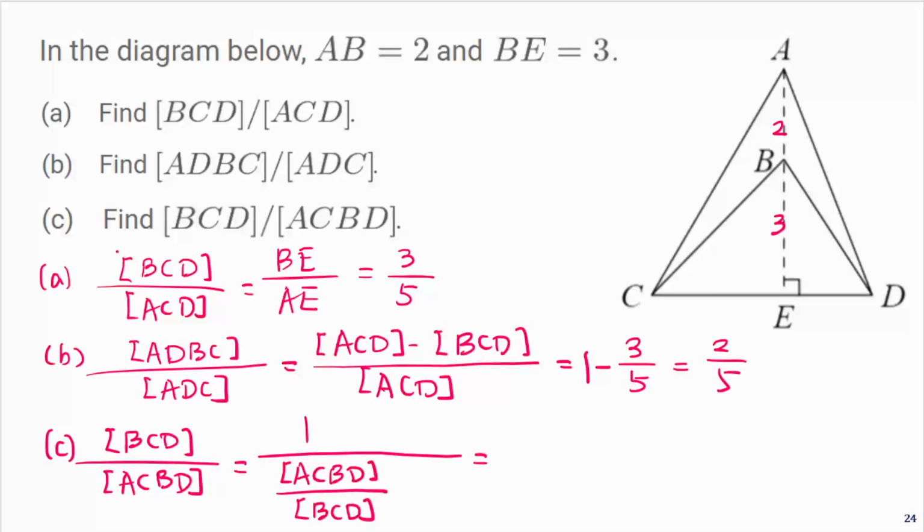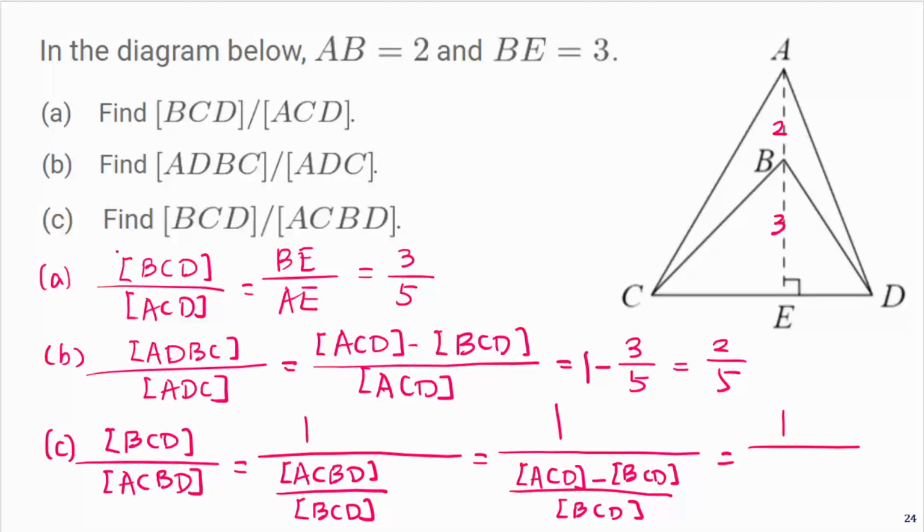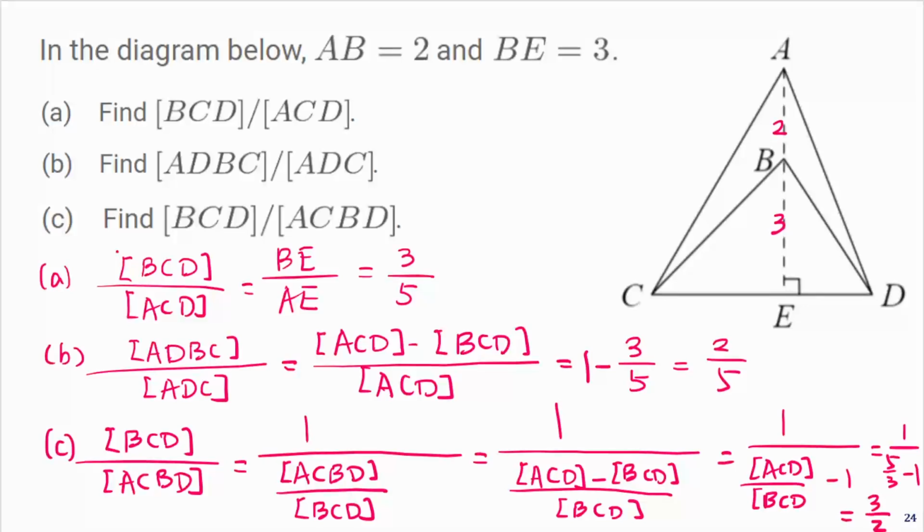The advantage of writing it like this is that we can calculate the area of ACBD by using ACD subtracted by BCD, then over the area of BCD. So this is given by the area of ACD over the area of BCD minus 1, right? So that's 1 over 5 over 3 minus 1, and eventually we have 3 over 2.